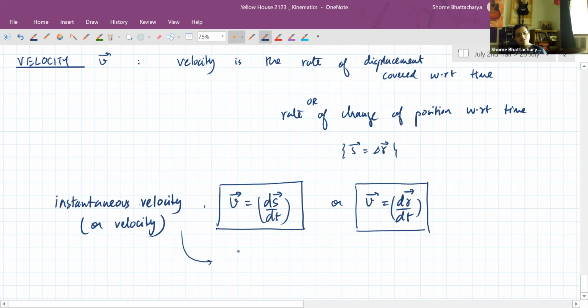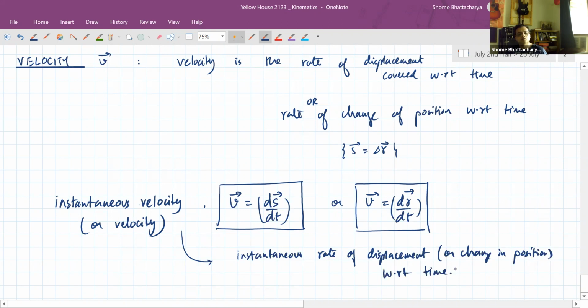So instantaneous velocity is instantaneous rate of displacement, or change in position, with respect to time.